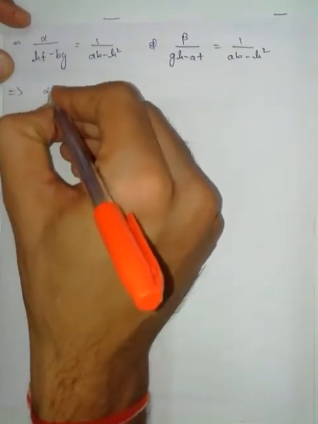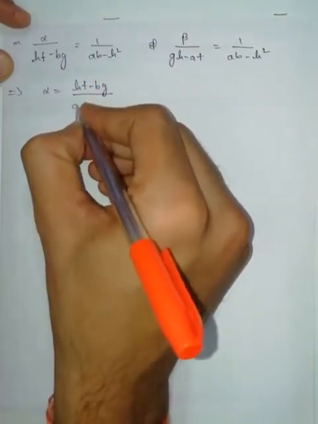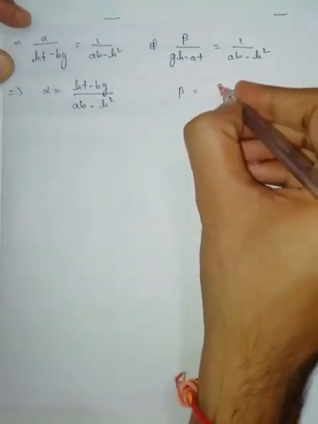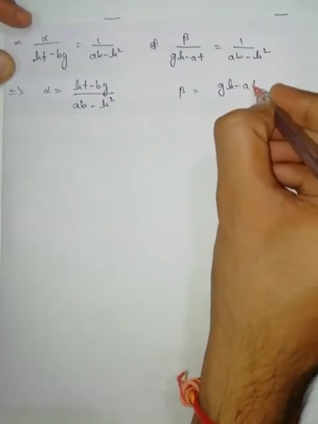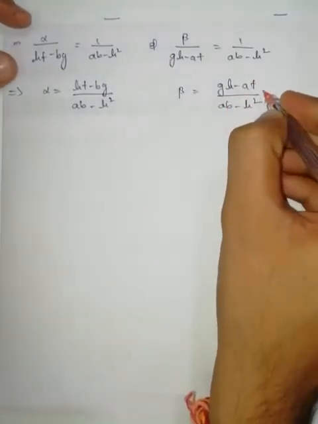We will get alpha is equal to hf minus bg by ab minus h square, and here beta is equal to gh minus af by ab minus h square.